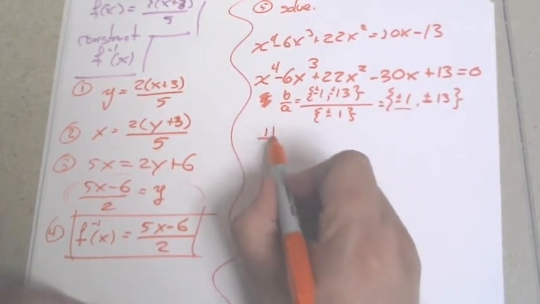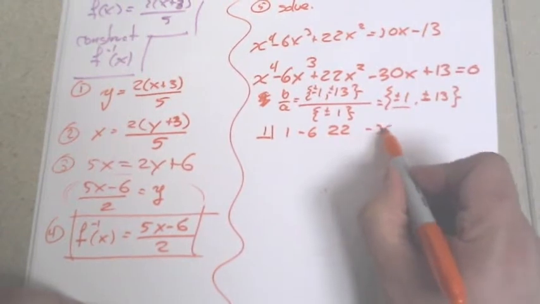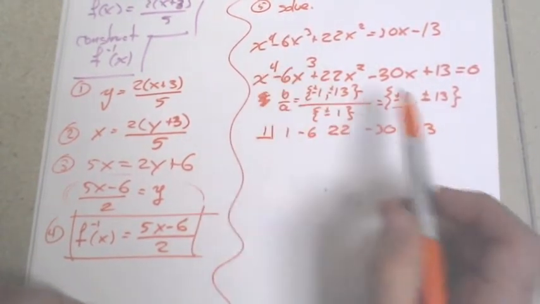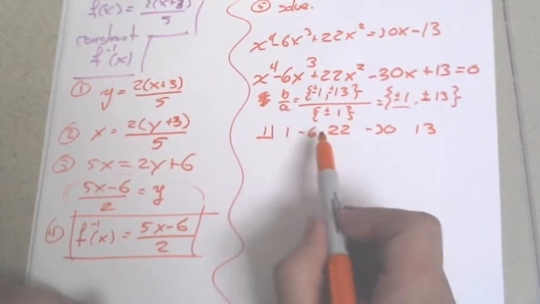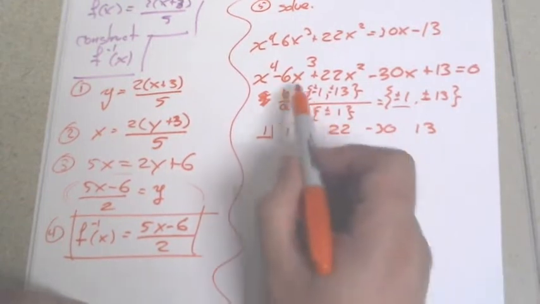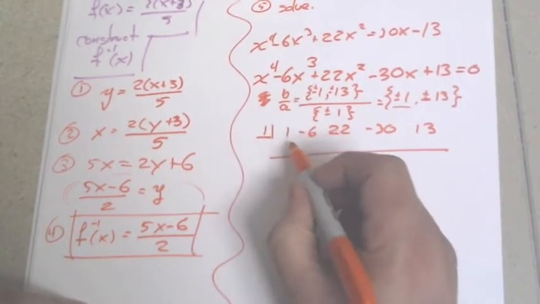So I'm going to try a 1 using the synthetic division to see if it's a root. I do have to make sure I have everything. This is a 4th degree, so that's 4th, 3rd, 2nd, 1st, constant. Remember, if there are ones missing, we have to make sure the zeros are in there. And then perform your synthetic division.